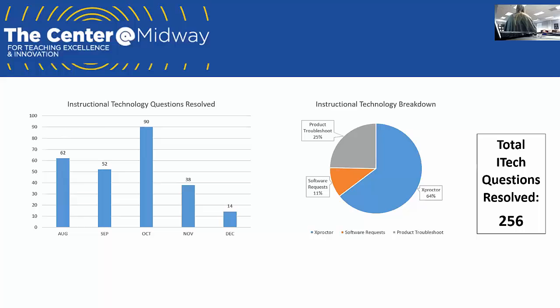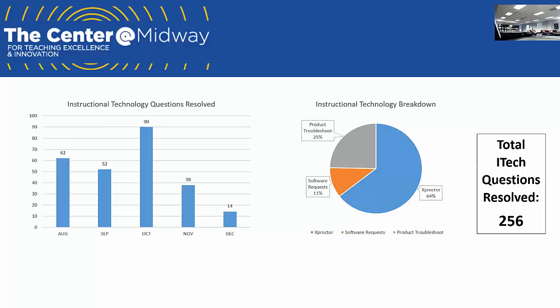Other questions that fall into this category, 11% of them are software requests. In other words, you guys asked for help either having installed a new piece of software on your computer. That was only one or two of them. Most of them were help with, I want to use Padlet, but I don't know how to use it. I want to use ClayPosit, but I don't know how to use it. I want to use Flipgrid, but I don't know how to use it.